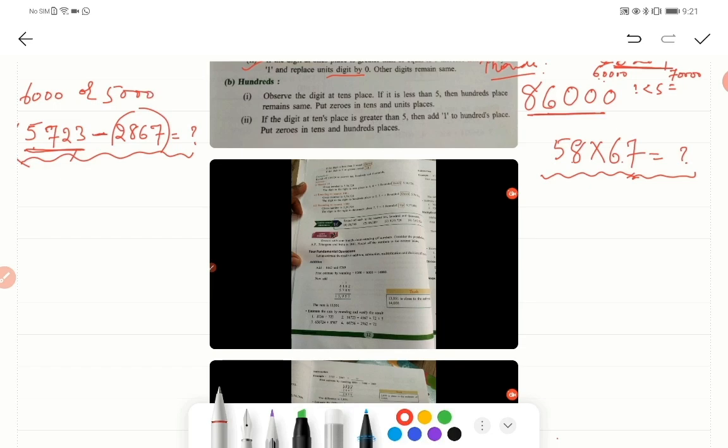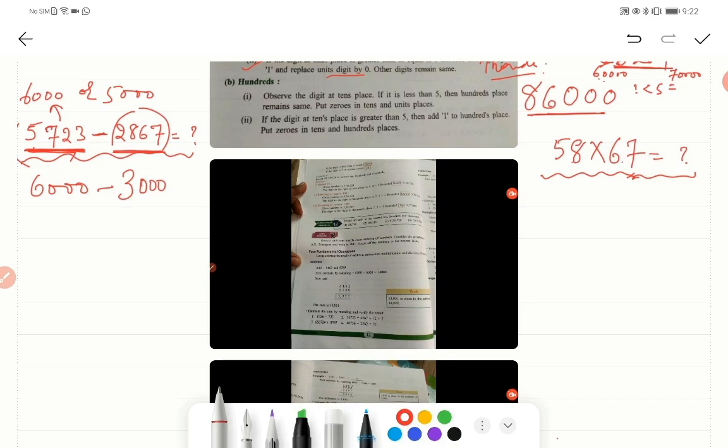Tell me students. Obviously it is 6000, isn't it? Because this 5723 is nearest to 6000. Alright, so I'll take this as 6000 minus this 2867, which is nearest to 3000, isn't it?